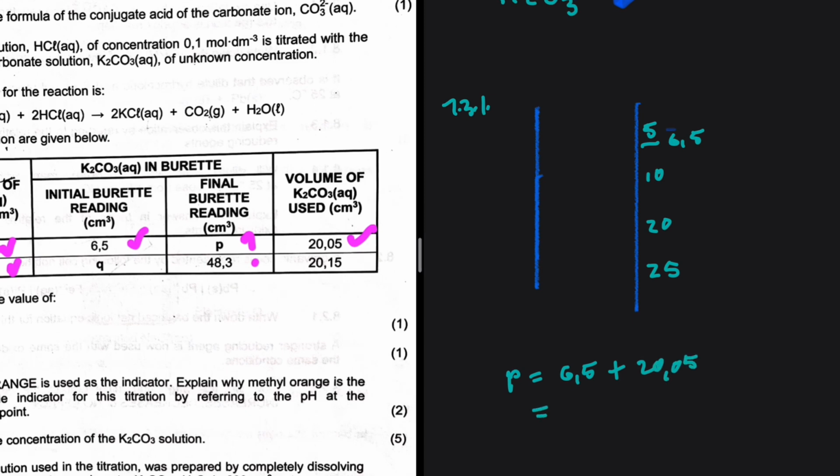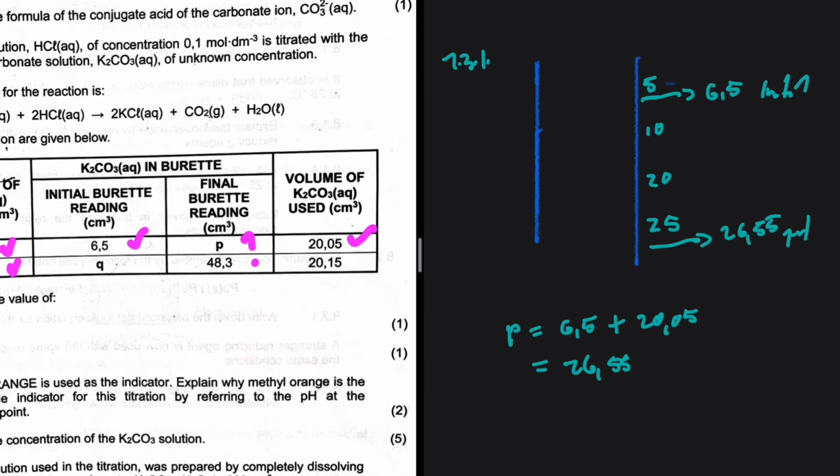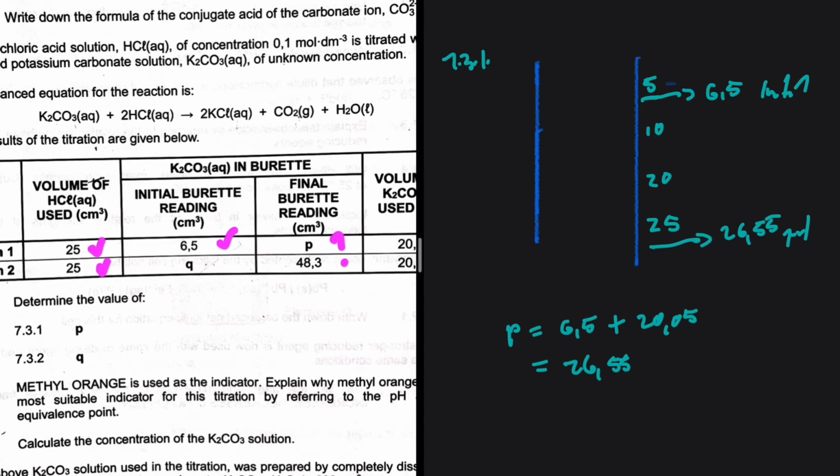I'm getting 26.55. So the initial was here, 6.5, and the final reading was here, 26.55, because the numbers go up as you go down. This is the answer to question 7.3.1, the value of P.